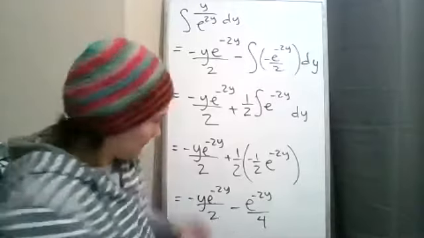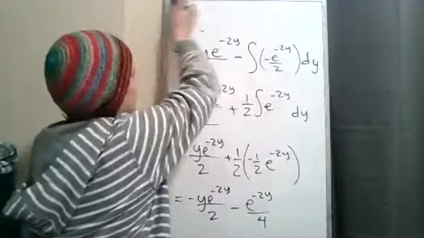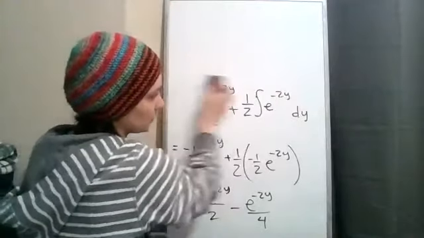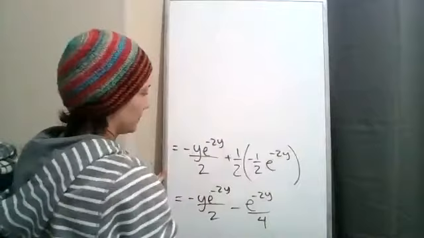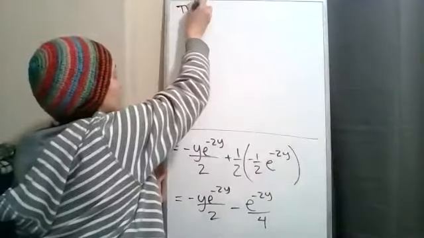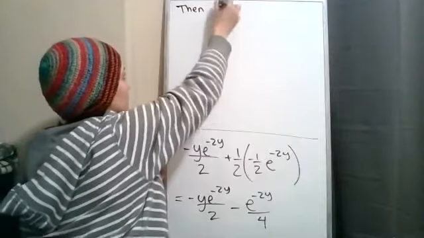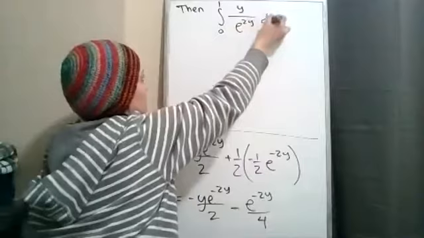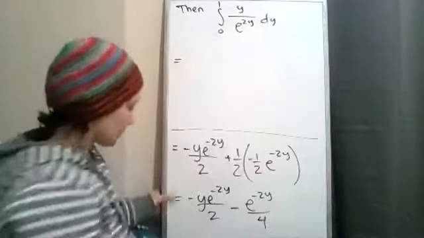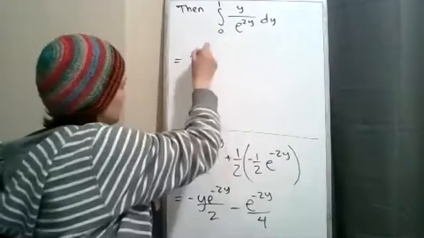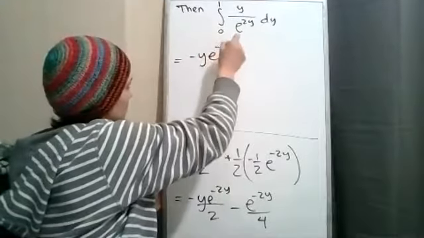Okay. So negative y e to the negative 2y over 2.